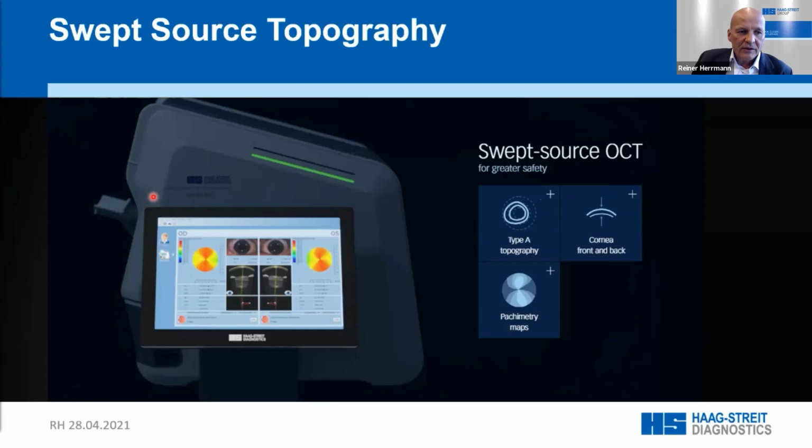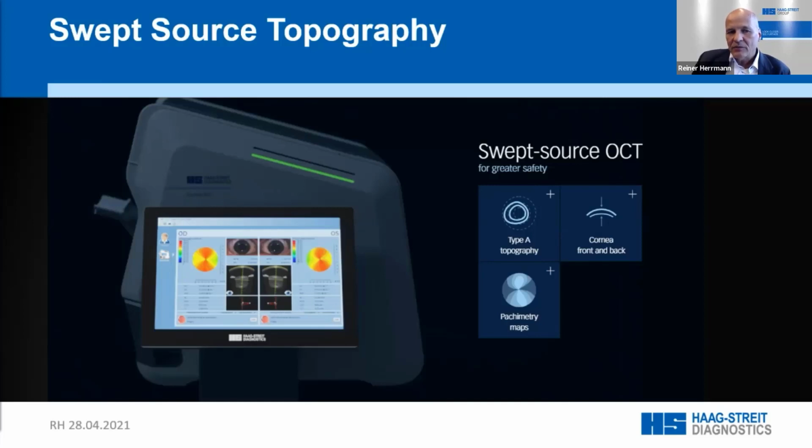The other main point is certainly that we have here a device based on Swept Source technology that is first and foremost designed for high precision measurement. It includes a topography that is all based on OCT data and is fully classified as a type A topographer, which means it fulfills the highest norms for topography in ophthalmology.